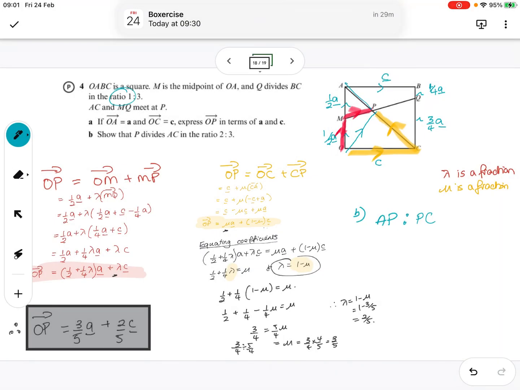I don't know what that bit is, but I do know that PC is supposed to be the yellow bit, which is mu. So that mu is 3/5, and this one is therefore 2/5, because it's the rest of it, therefore it's 2 to 3. Okay, because that's lambda. So this one is lambda, so this has got to be 1 minus lambda. And that's how you do that. So you've kind of done it, really.